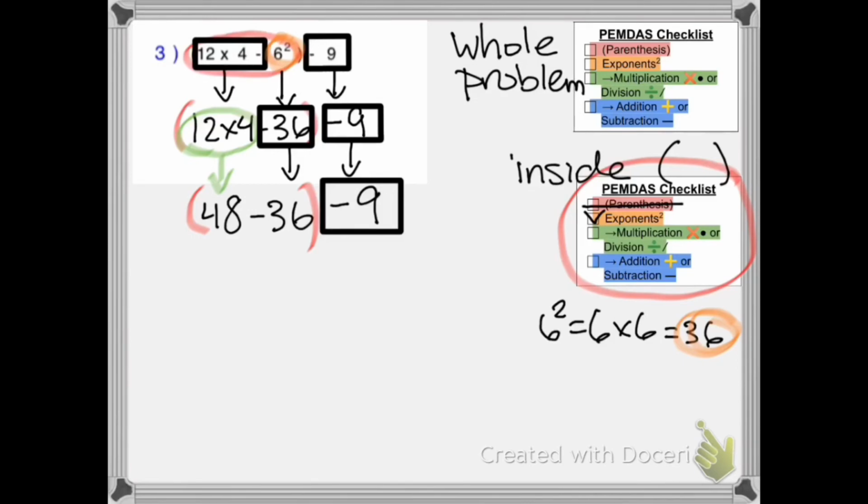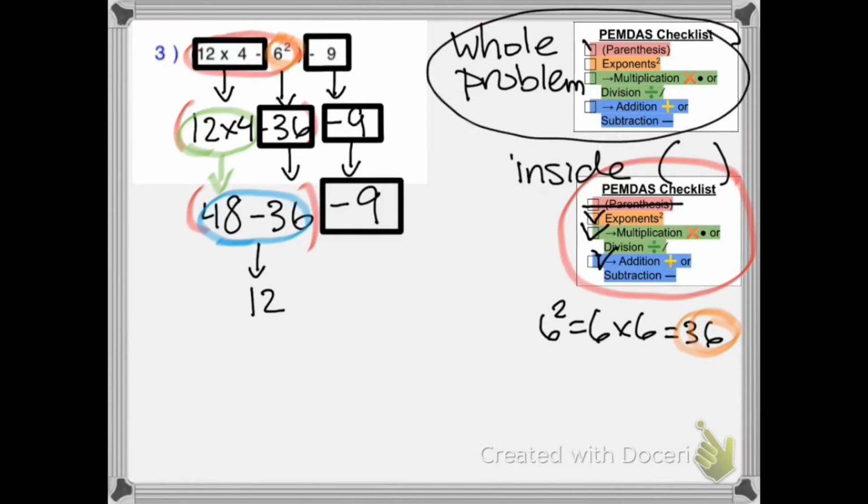I am done with multiplication or division inside my parentheses. And the last thing that I see inside is the subtraction. So 48 minus 36. That is 12. So now I am completely done with my parentheses part. So I'm going to go back to the whole problem checklist and check off parentheses because I finished that part.